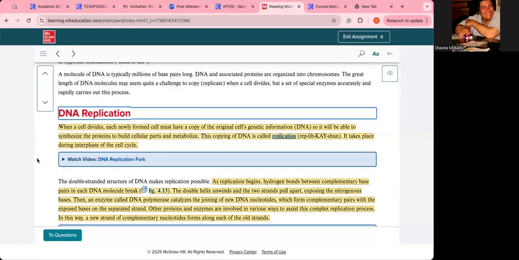Then an enzyme called DNA polymerase catalyzes the joining of new DNA molecules, which form complementary pairs. Complementary pairs. Let's see the question again.